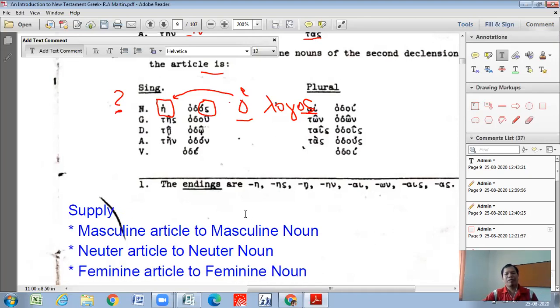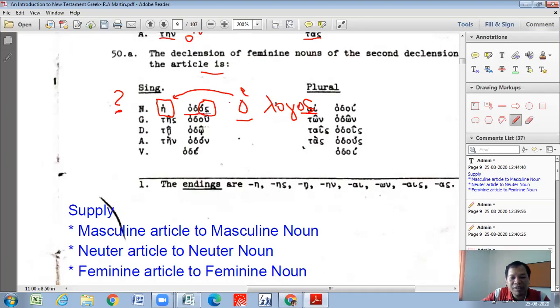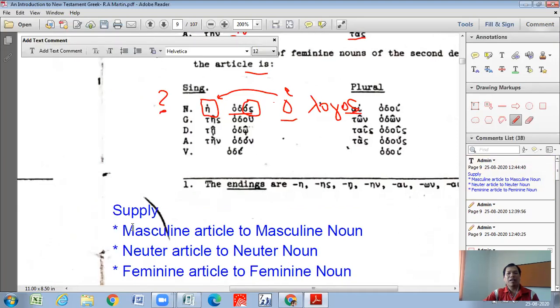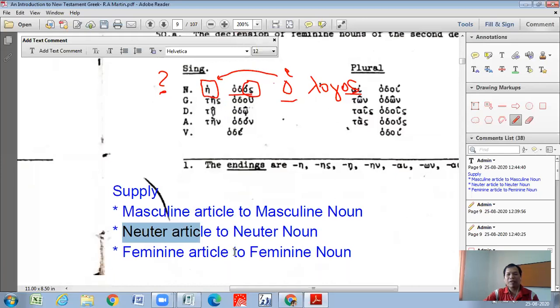Simple. Now, in this case, the noun is feminine, so they use the feminine article. Are you with me? According to this, if the noun is masculine, simply use the masculine article. If the noun is neuter, simply use the neuter article. Likewise, if the noun is feminine, simply use the feminine article.